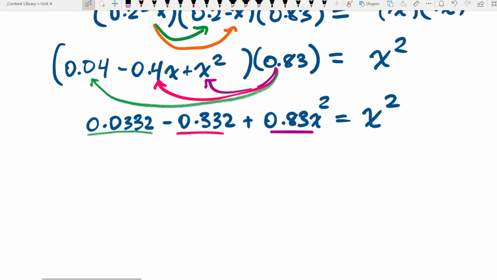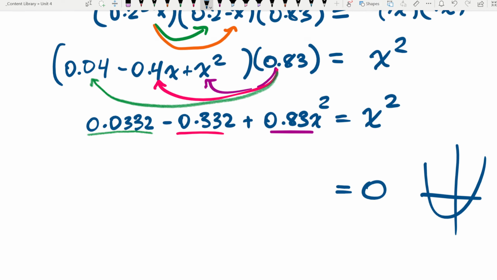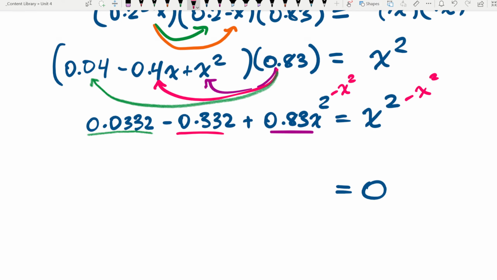Okay, do you remember setting up quadratics? You always want it to be equal to 0. That's where you get a parabola and you find the roots, right? When it's equal to 0? Okay, so I'm going to have to take this x squared and get rid of it. So it's 0, so I'm going to have to subtract it. If I subtract x squared there, I also have to subtract x squared here.